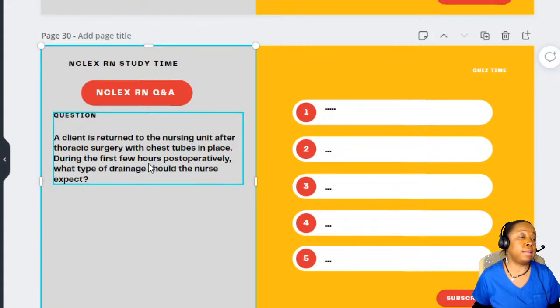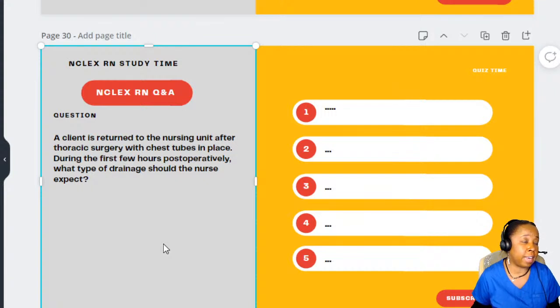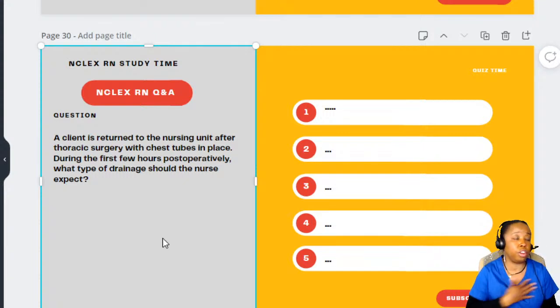Okay, what they mean is the nurse is receiving a post-op patient that had a thoracic surgery. The thorax is the cage that is protecting the lung.